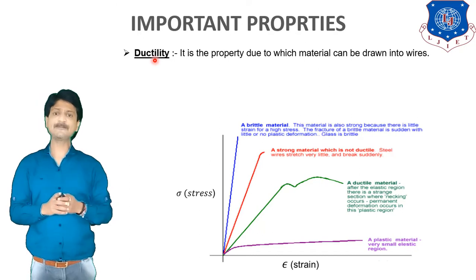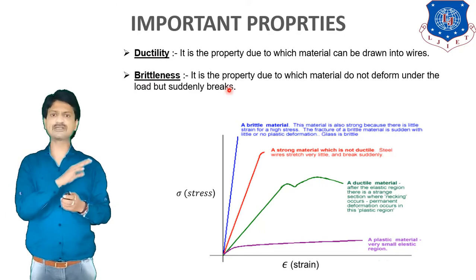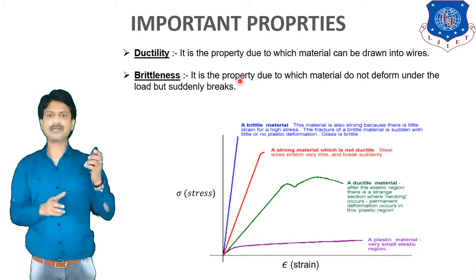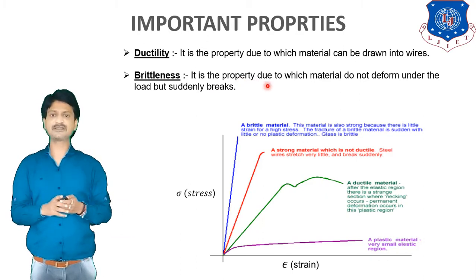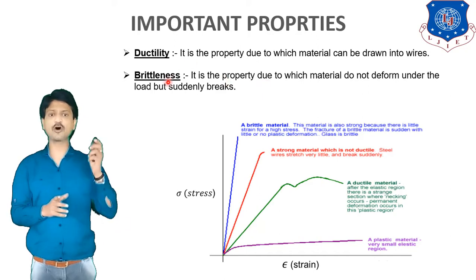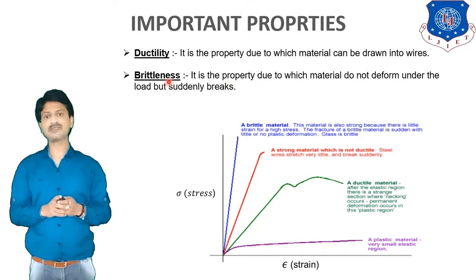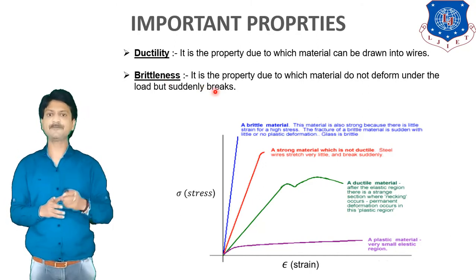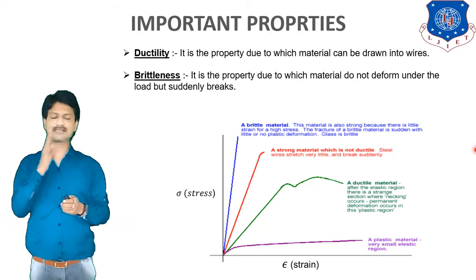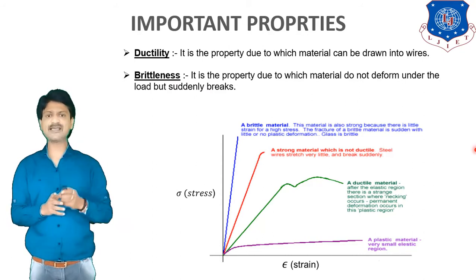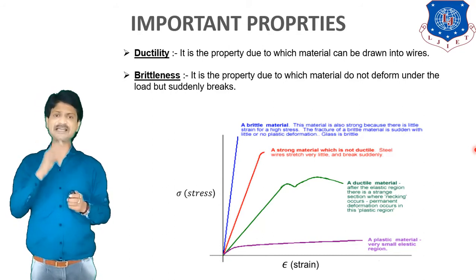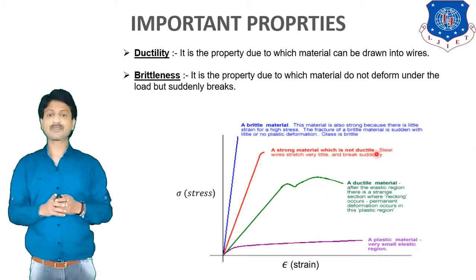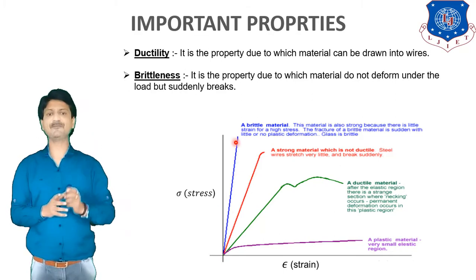Now next is brittleness. It is the opposite of ductility. A brittle substance fractures without any appreciable amount of permanent deformation. So we can say that it is opposite to the ductile property. The stress strain curve of a brittle material hardly shows any yield point and normally coincides with the breaking point.